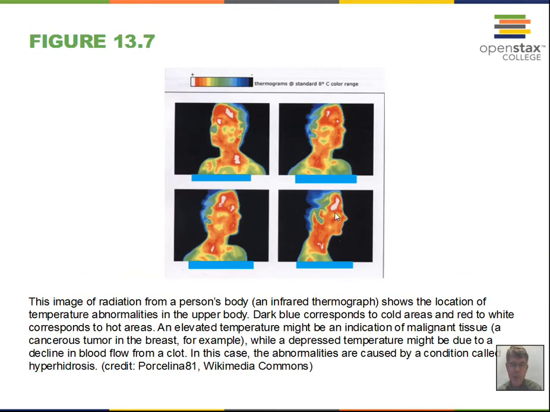Here's infrared photography of a person, and the brighter areas are the warmer areas on the person. That can have a medical application for determining improper blood flow or other problems that might exist.